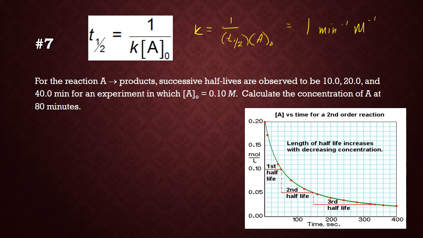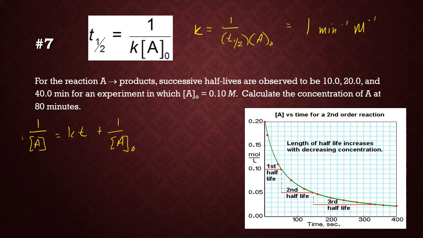There we go. Now that you know that, we can use the integrated rate law for a second order reaction. 1 over the concentration of A is going to equal KT plus 1 over the original concentration.